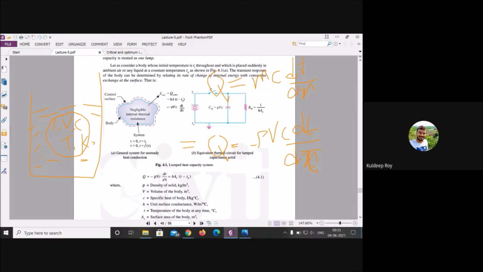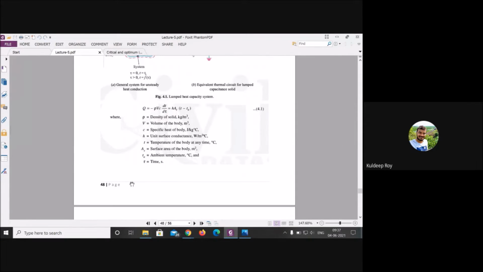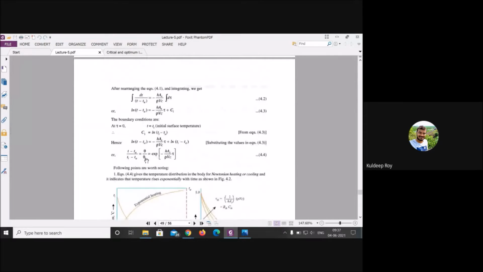And you have to compare with the convective heat transfer, h A delta T around the ball. When you compare both terms, you will get the expression (T minus Ta) divided by (Ti minus Ta) is equal to the exponential of minus hA over rho V C, times tau.